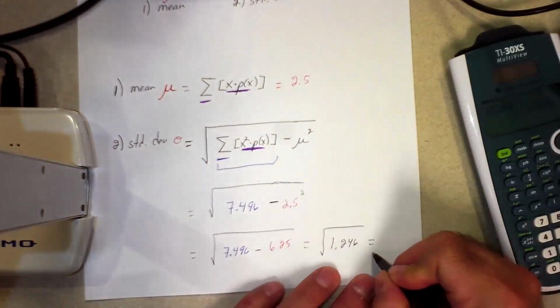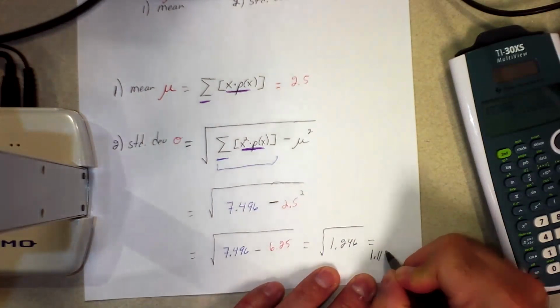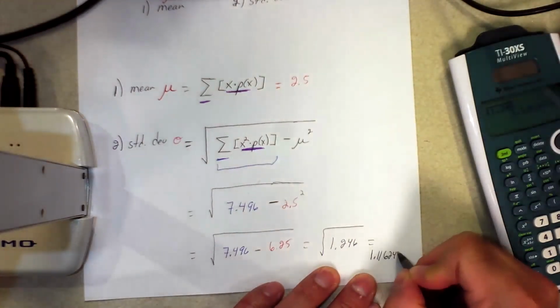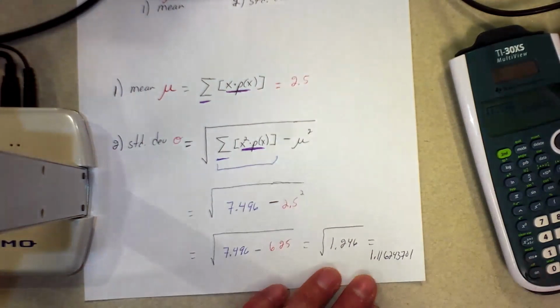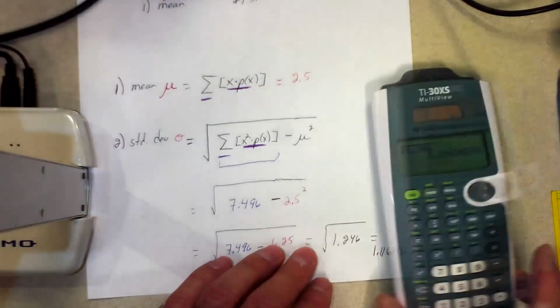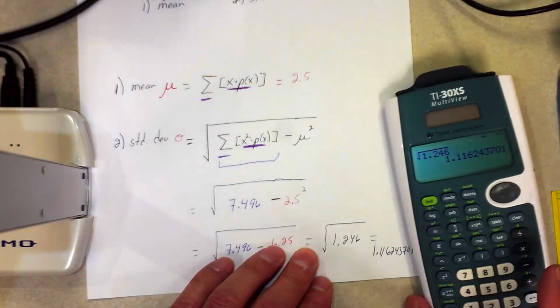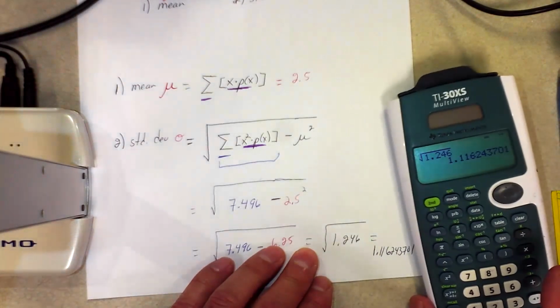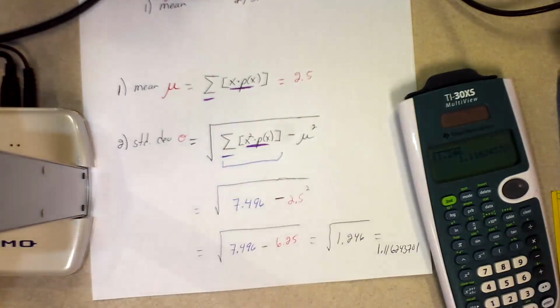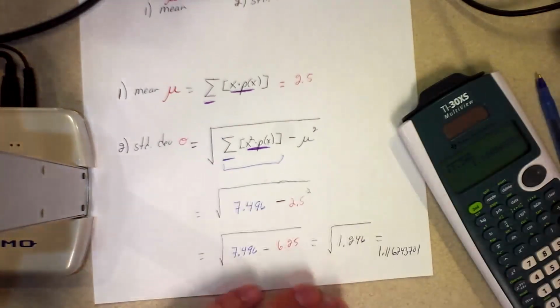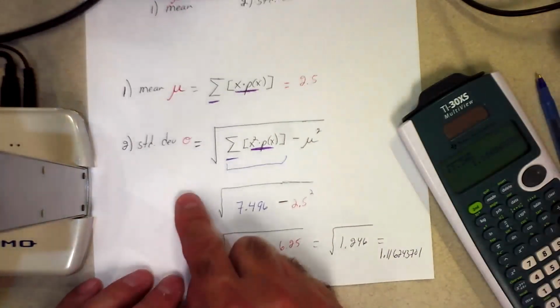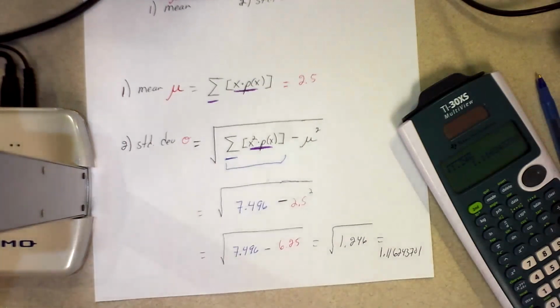So I got 1.1162433701. That's what I've got on my calculator. So that's my unofficial standard deviation.